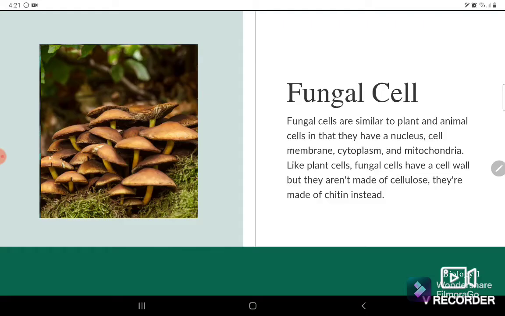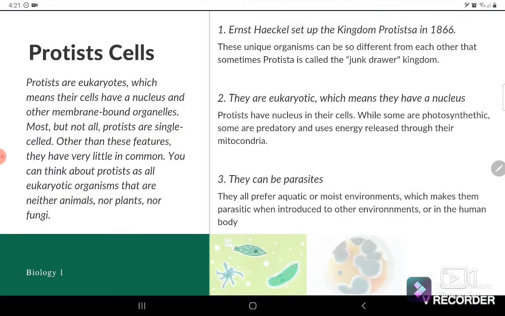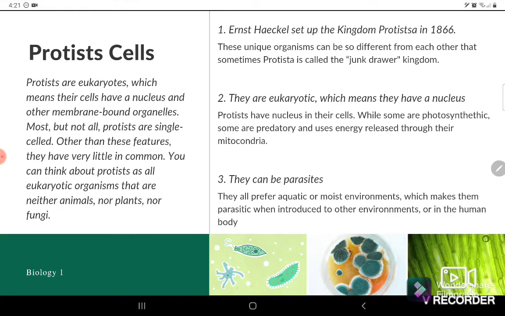Okay, let's proceed with the next cell type. We have here the protist cell. As stated here, protists are eukaryotes, which means their cells have a nucleus and other membrane-bound organelles. Most but not all protists are single-celled organisms, because there are also some protists that are multicellular.